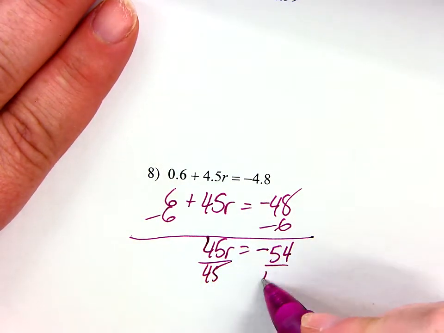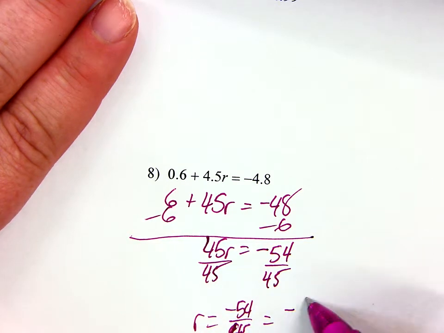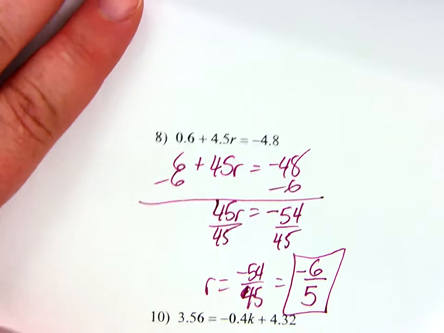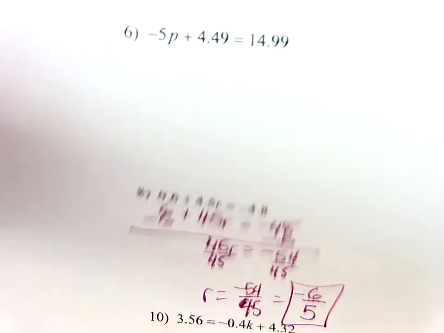Ooh, I know a number that goes into both. Do you? What goes into 50? Yeah, 9. So if I divide both by 9, that gets me negative 6/5. That one wasn't so bad.